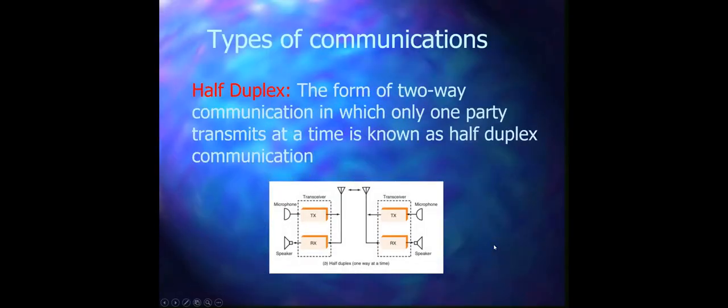Now next is half duplex, the form of two-way communication in which only one party transmits at a time. You can see in this example we have a speaker and a microphone connected to this antenna, or transmitter, and from here it is transmitted to another speaker and microphone.